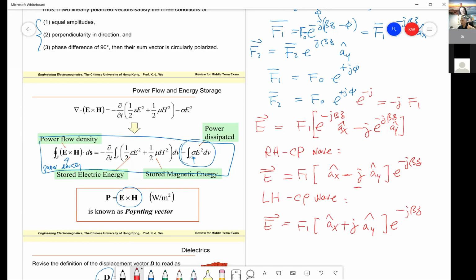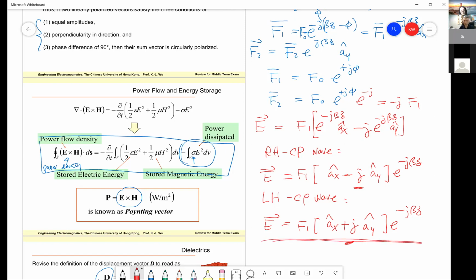This is 90 degrees behind, this is 90 degrees in advance, between the x and y components. That makes the difference between the two circularly polarized waves. And it is very important: if the wave coming in is right-hand circularly polarized and you use a left-hand circularly polarized wave antenna, you cannot receive anything. This is the way we can judge circularly polarized waves in terms of phasor expression.